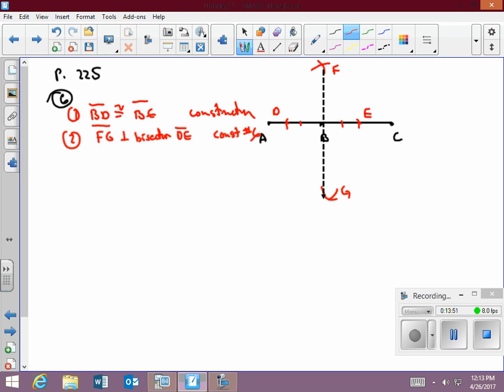So that's a perpendicular bisector at B. Now what I can say is that DF is congruent to EF, and that's by construction.